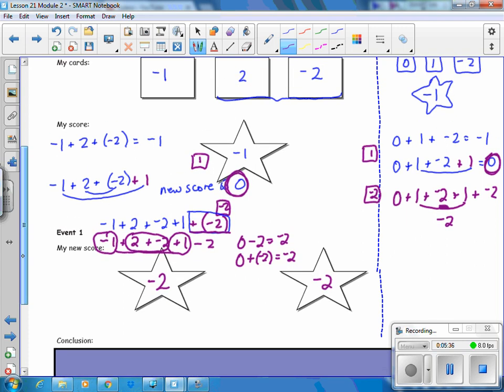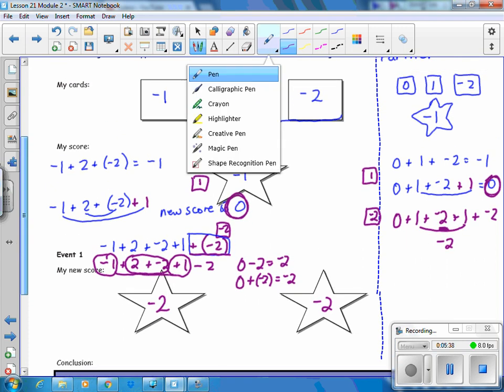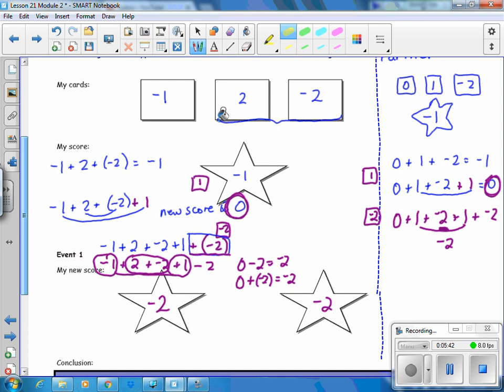So let's take a look and summarize what we just did. We started out by adding the scores together, and we found that your score is -1 and that your partner's score is also -1. So we flipped over a new card for each one of you, and you each got the same card. So we added 1 to both of your scores.